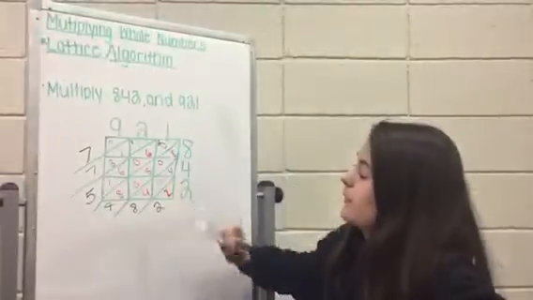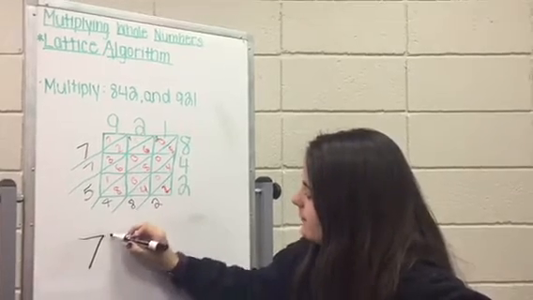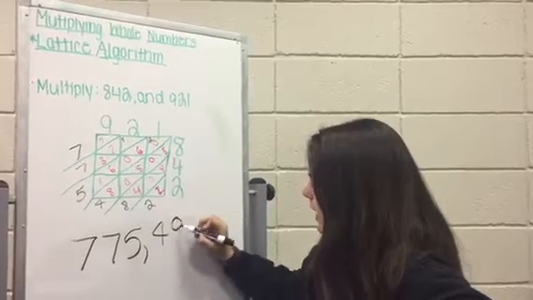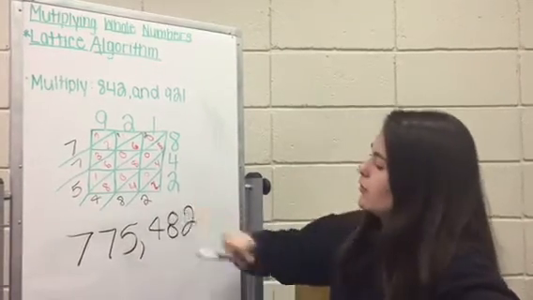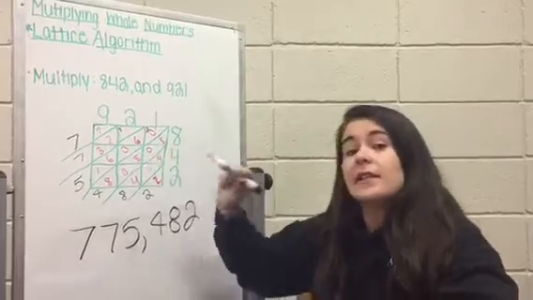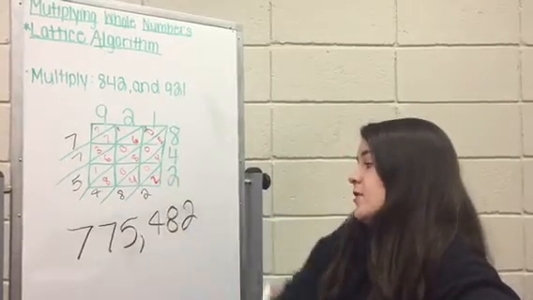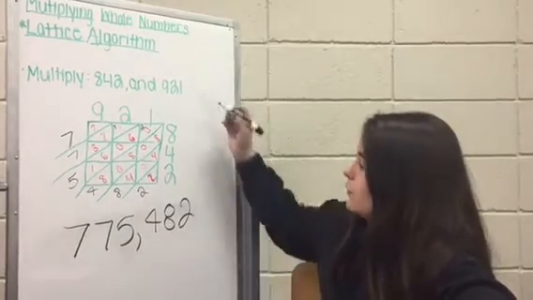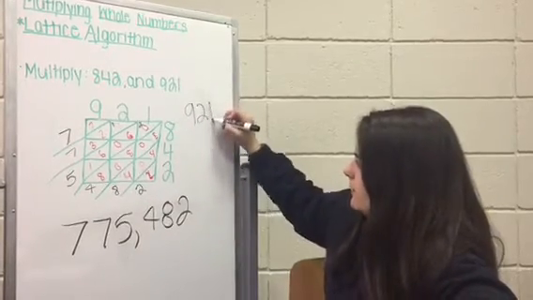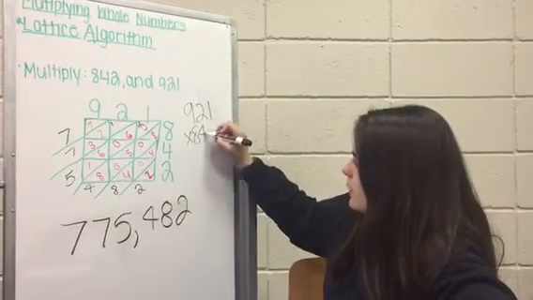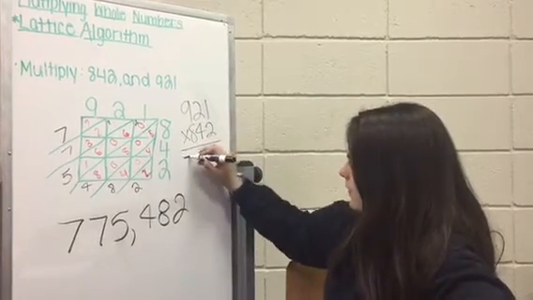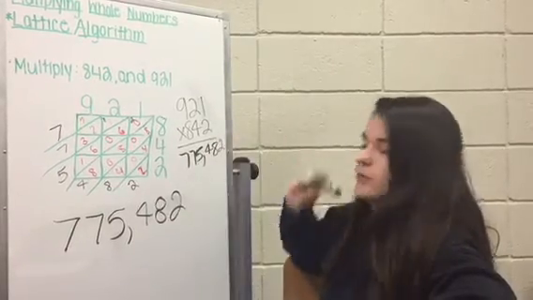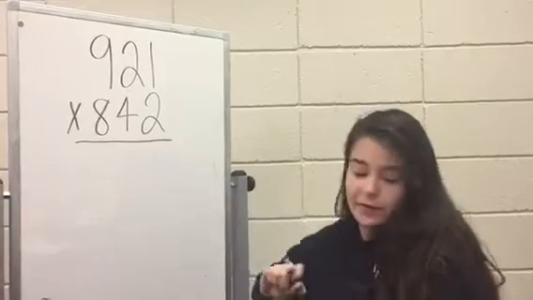So putting all these numbers together, you get 775,482. So you do 921 times 842 to get 775,482. So to make sure you're correct, you can do it the long way.